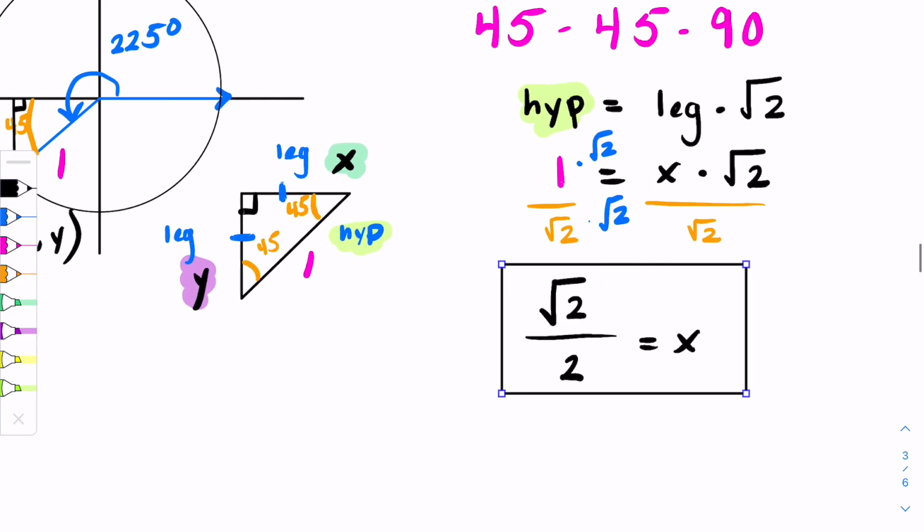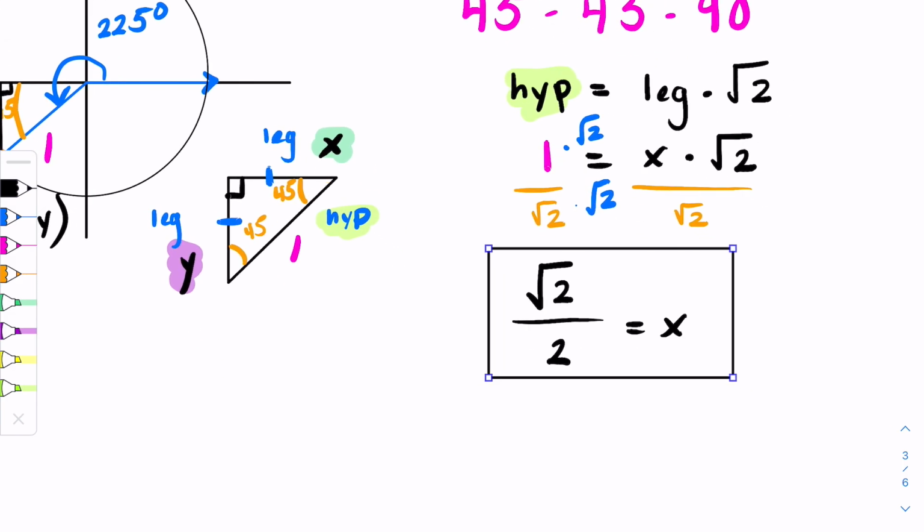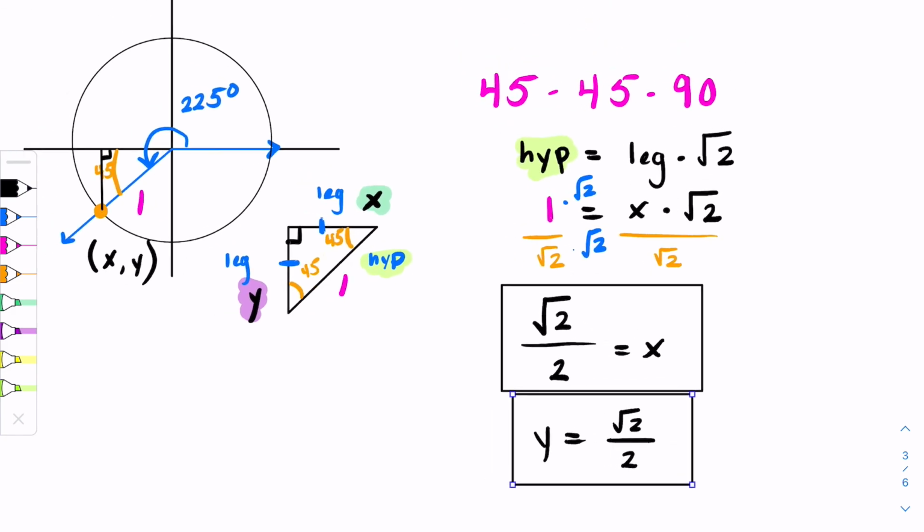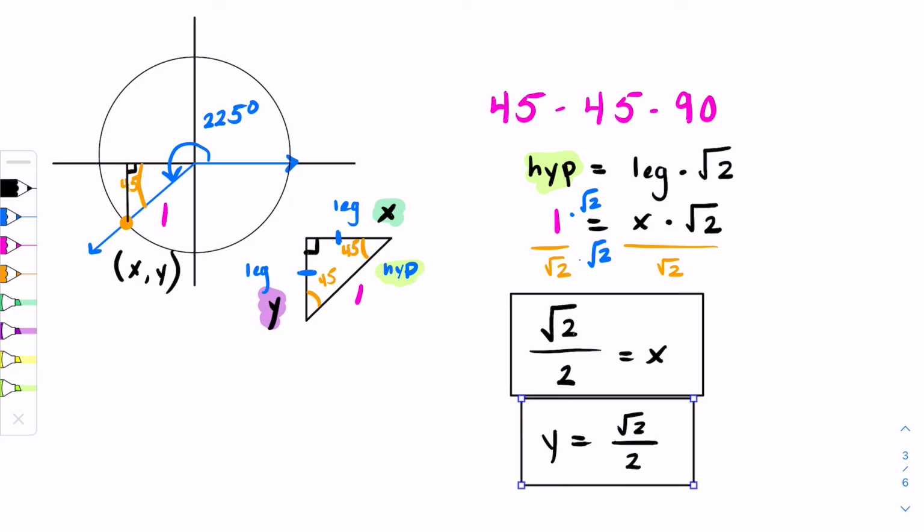So recall that x and y are congruent, they are equal to each other. So if the square root of 2 over 2 is equal to x, then the square root of 2 over 2 is also equal to y. Now, before I can write my ordered pair, this point is in quadrant 3. If it's in quadrant 3, that means you have a negative x and a negative y coordinate.